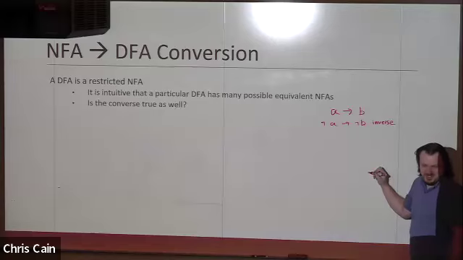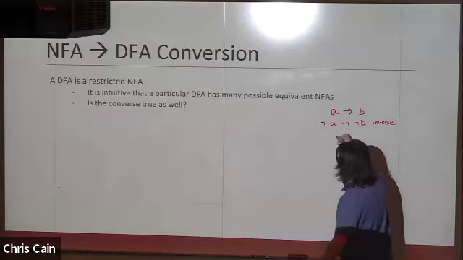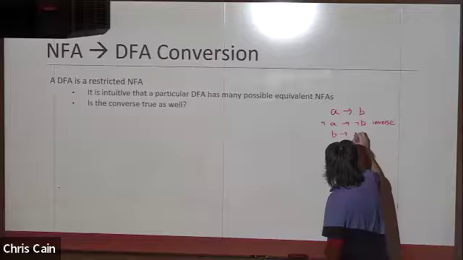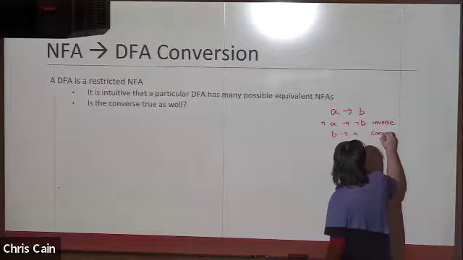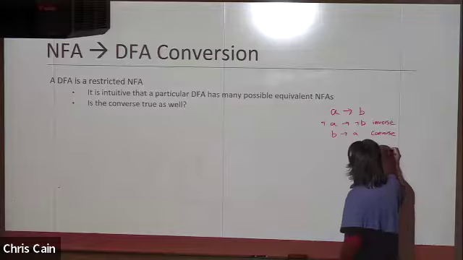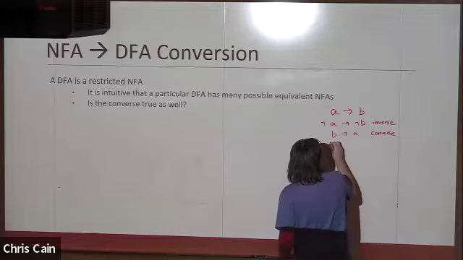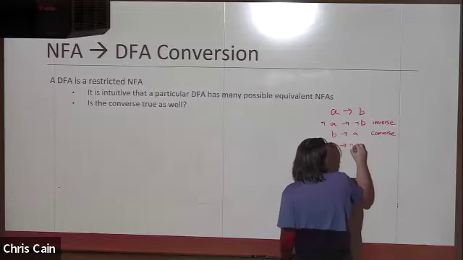We don't remember that one as well? B implies A, yeah. And the contrapositive is the only one we haven't talked about yet. Not B implies not A.